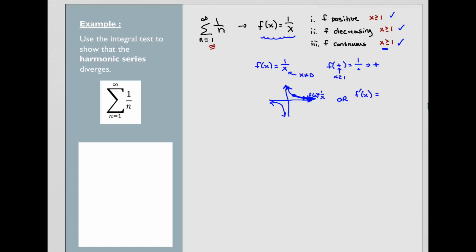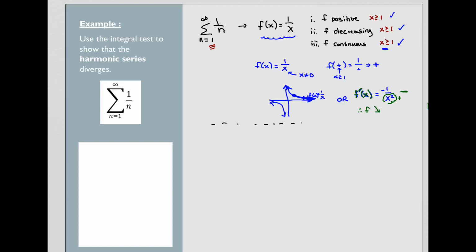The first derivative of 1 over x is negative 1 over x squared. And what is x squared? x squared is always a positive value. And so a negative divided by a positive is always negative. My first derivative is always negative. Therefore, that means that my function is always decreasing. So that's a second way to check.